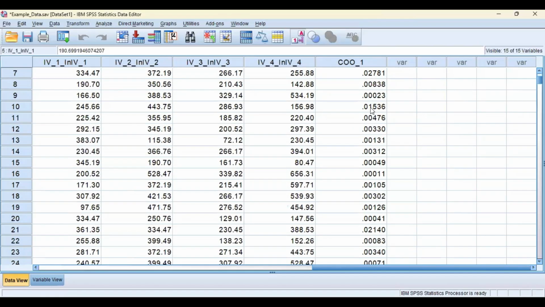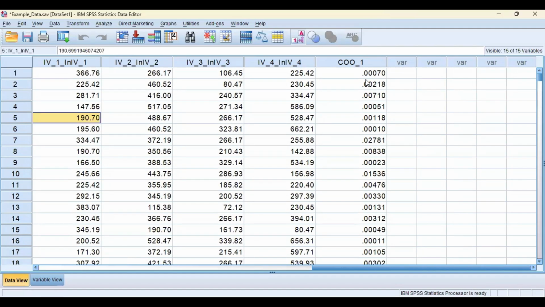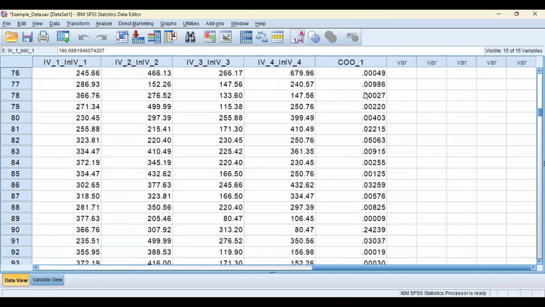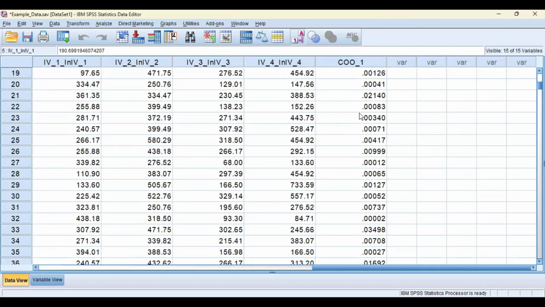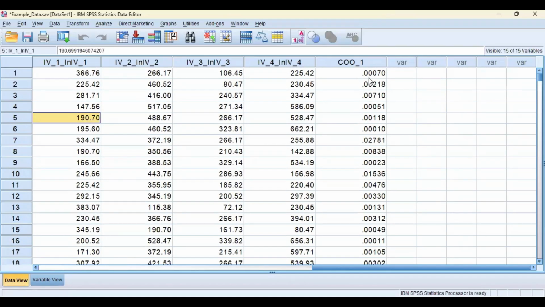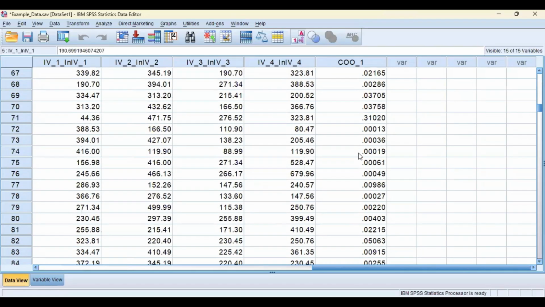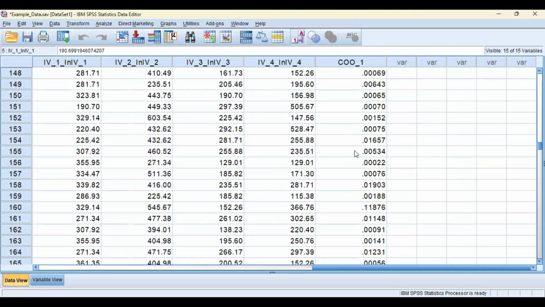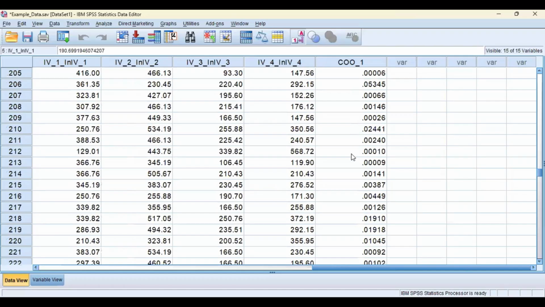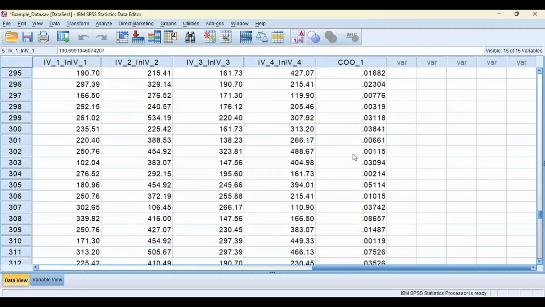What do these values mean? There is a value for each participant. If any participant has a value equal to or greater than 1 in this column, that means that participant is potentially an influential outlier.